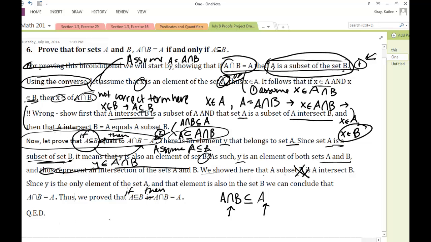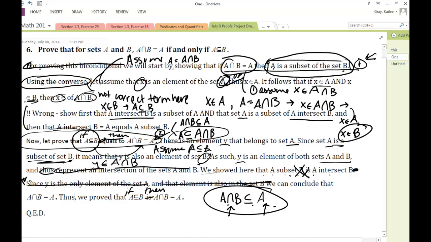So after you end up here, after saying, okay, we showed that A is a subset of A intersect B, you're going to go into showing that A intersect B is a subset of A. So I think maybe that's what you need right here. And so just remove that thing about Y being the only element, because we don't know. We do want to eventually conclude that the sets are equal, but we need to prove this first.